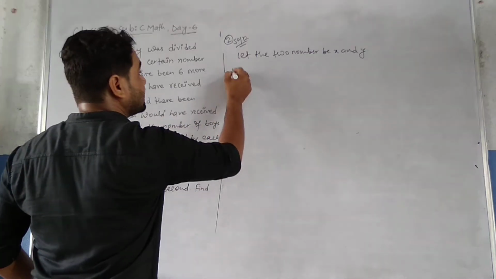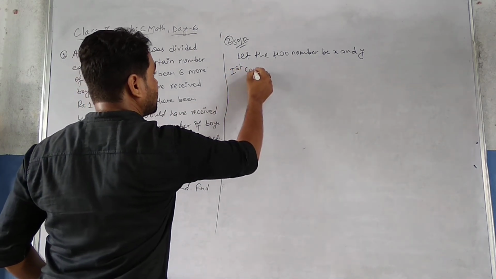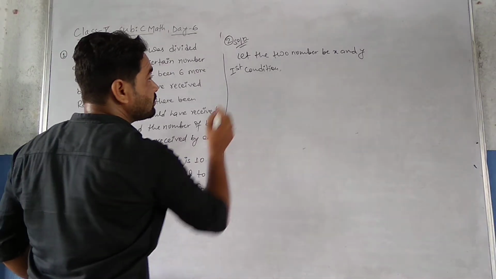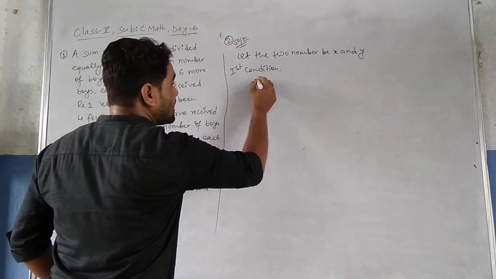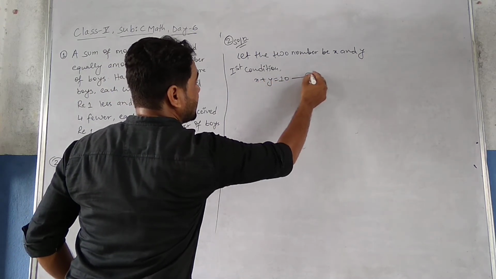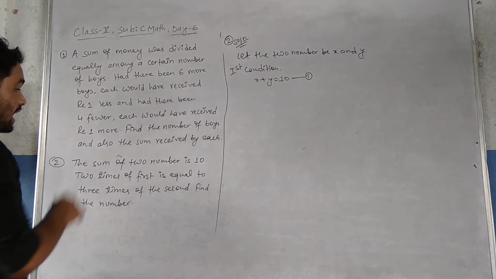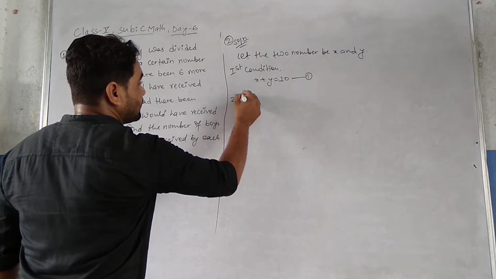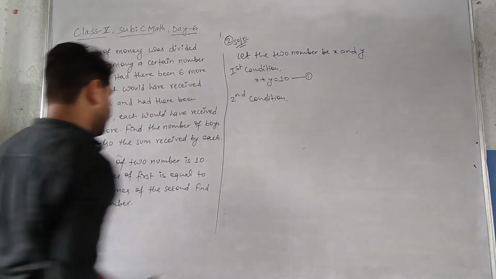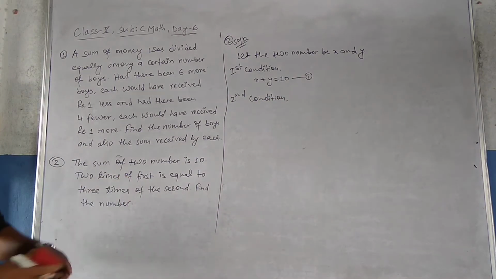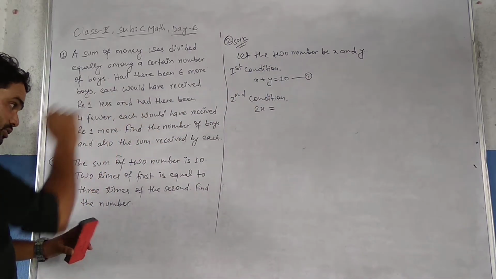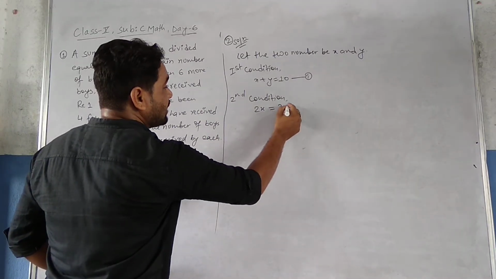From the first condition, according to the question, sum is plus, so x plus y equals 10. Suppose this is the first equation. And now from the second condition, it is given that 2 times the first is equal to 3 times the second.